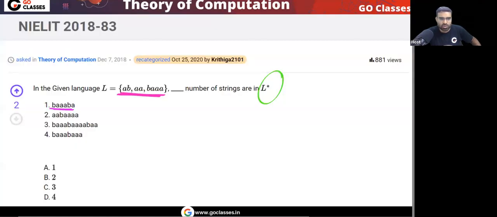In this question, can I break this string so that every part belongs to L? So let's check.